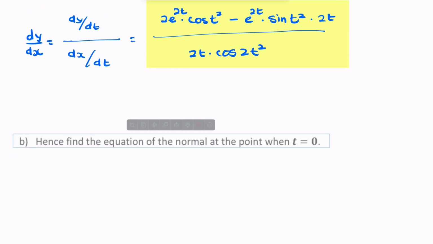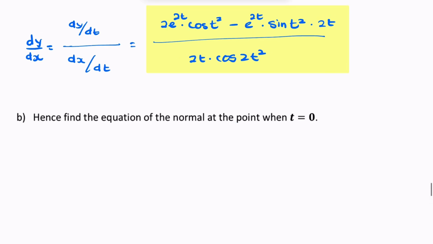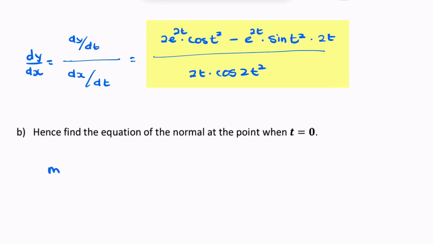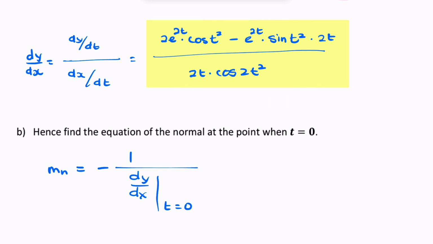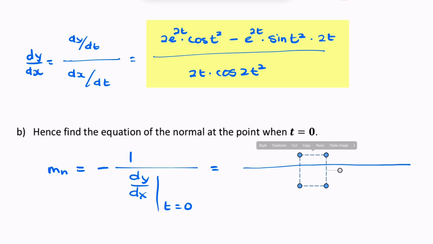So to find the equation of the normal, we're going to need the gradient of the normal. And the gradient of the normal is the negative reciprocal of dy by dx at the point where t equals 0. So it's essentially the same fraction, but upside down with a negative sign.